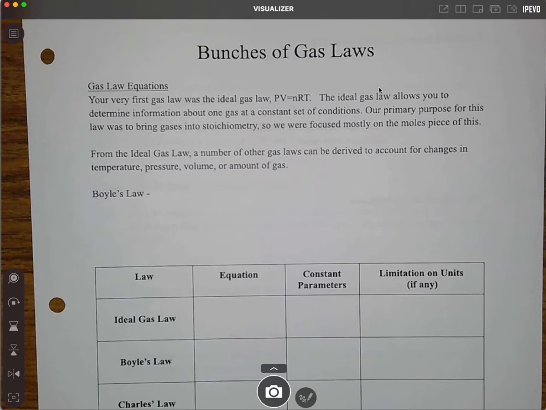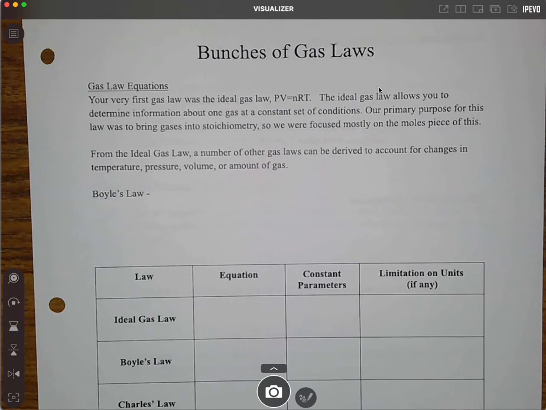From the ideal gas law, we can pick up a number of other gas laws to account for changes in temperature, pressure, volume, or amount of gas. So 2 days ago when you were working with the properties of gases, you were making some changes. Like you put some gas in the syringe, and then you changed the volume inside the syringe, and you looked at how that impacted the pressure.